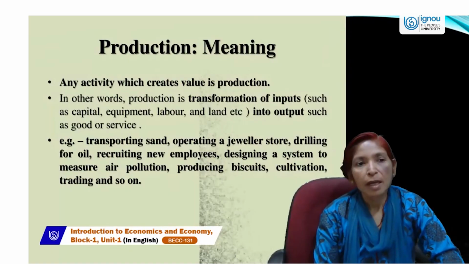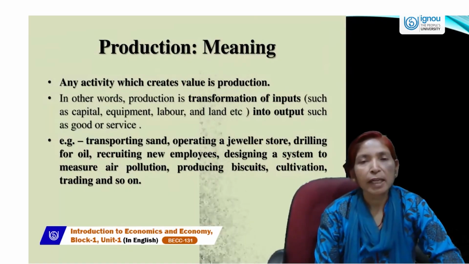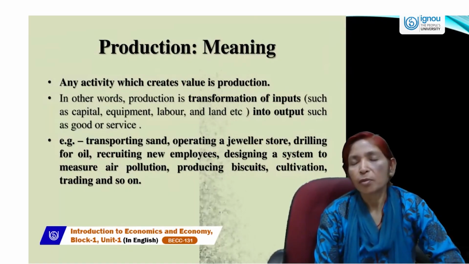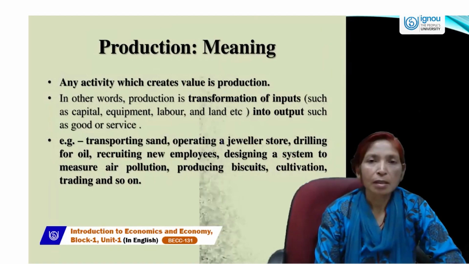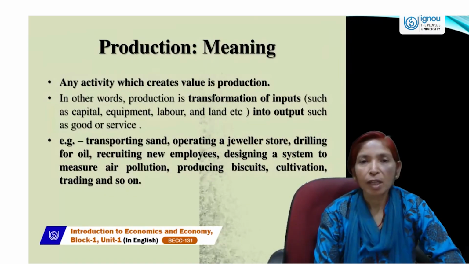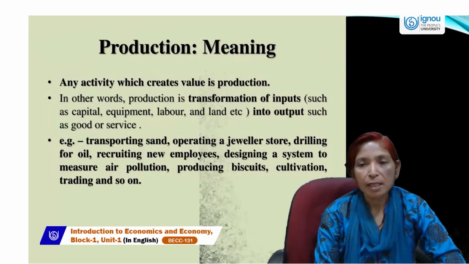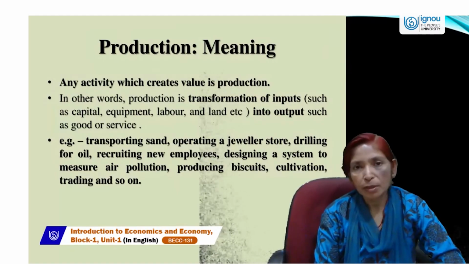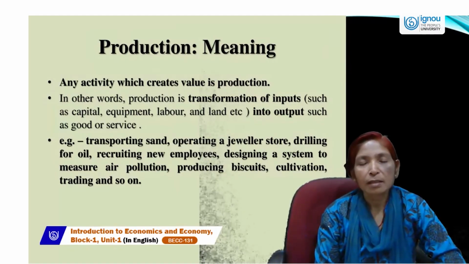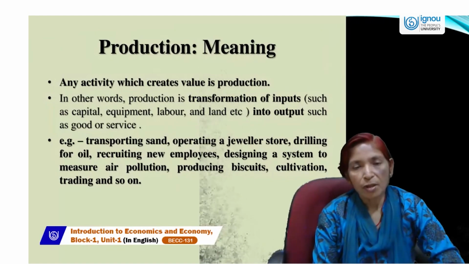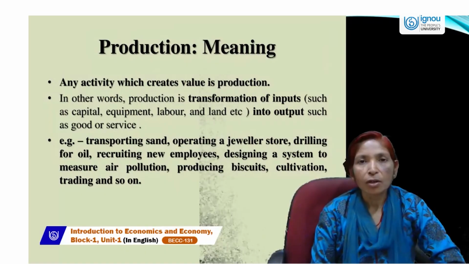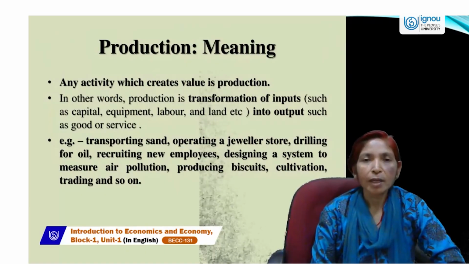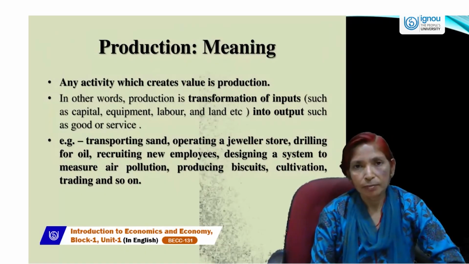Production means any activity which creates value is production. In other words, production is transformation of inputs like land, labor, capital, entrepreneur into output such as goods and services. Production means it's a process in which raw material can be converted into finished goods.